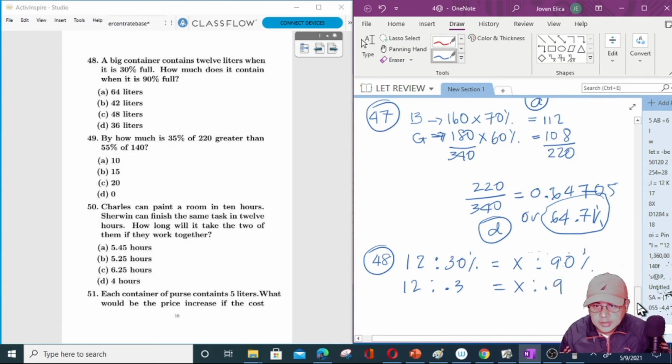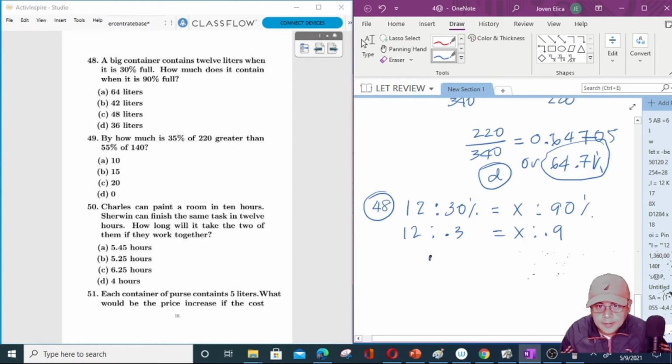And then expressing this as a ratio, 12 is to 0.3 is equal to X is to 0.9, expressing this as a fraction.